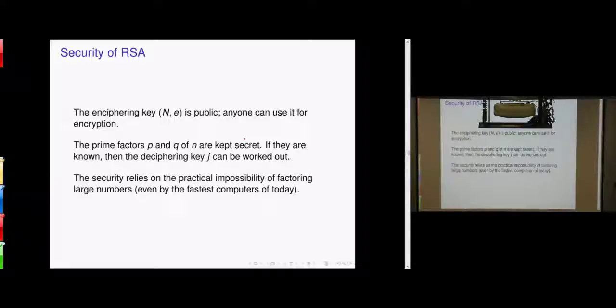So the security relies on the practical impossibility of factorizing large numbers, even by the fastest computer of today. If you know capital N, you cannot find p and q within 2,000 years or within 100 years.